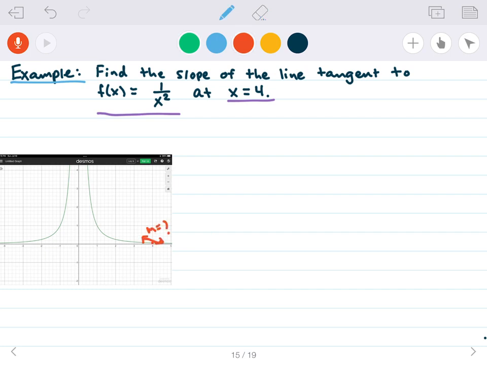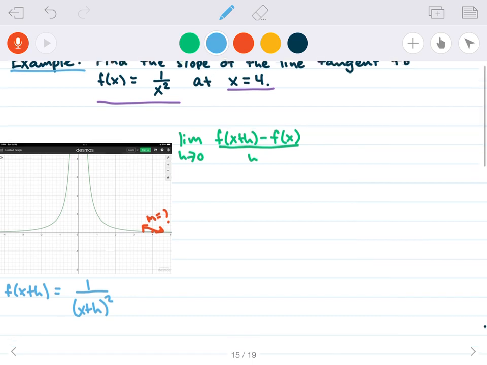So our definition is limit as h goes to 0 of f of x plus h minus f of x over h. And let's do this over to the side. f of x plus h, we're just plugging in x plus h into 1 over x squared in for x. So this is 1 over x plus h squared.